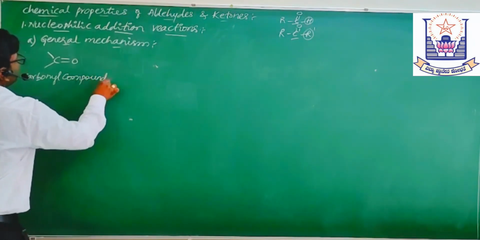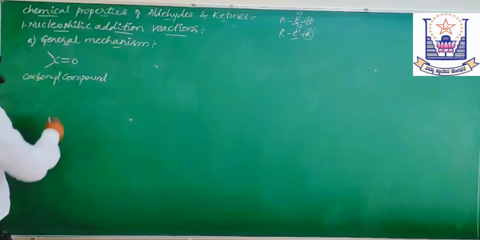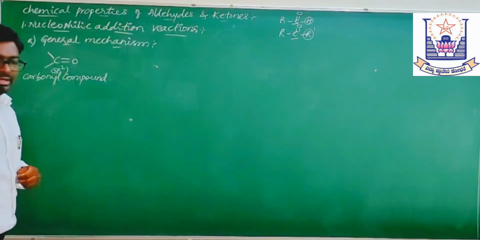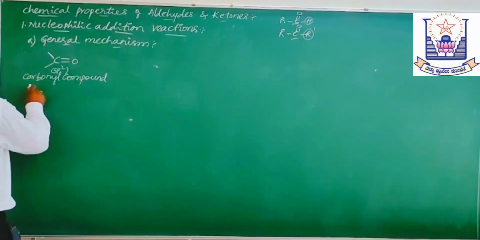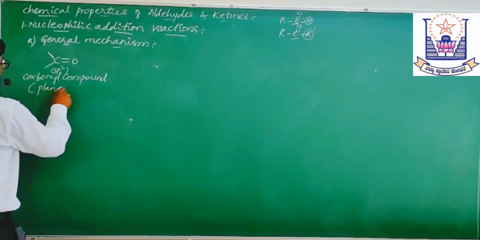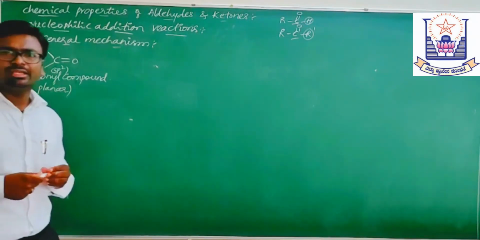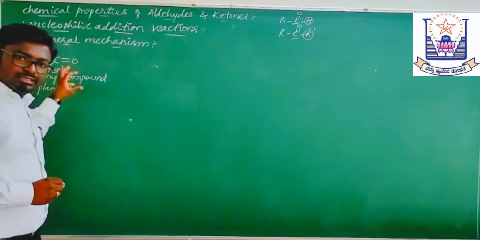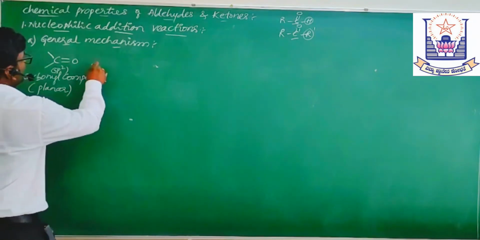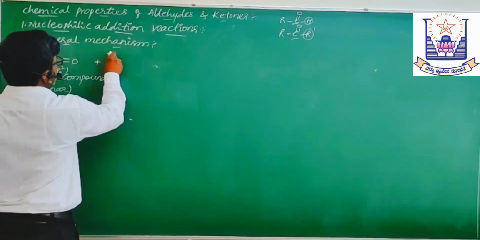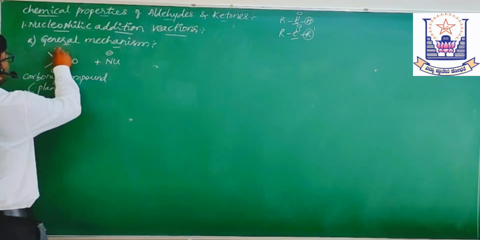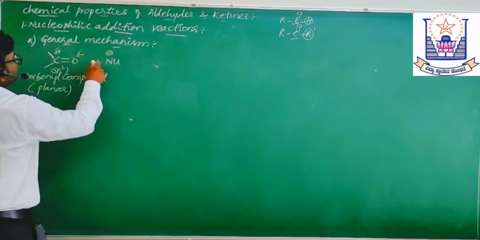What is the shape of this? Because this carbon is sp2 hybridized, it has trigonal planar geometry, or simply we can write planar geometry. When the nucleophile is coming towards this, here we have a delta plus and a delta minus.